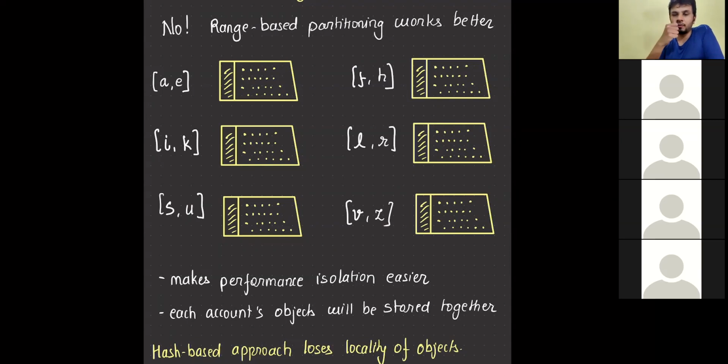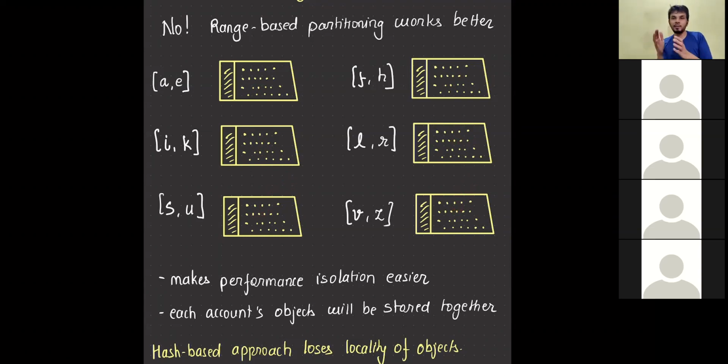So a good solution for a problem like this would be range-based partitioning. Let's say hypothetically we have a range from A to Z. These are all the folders or buckets that start with a string from A to Z. So now I create partitions: A to E goes to the first partition, F to H goes to the second, I to K goes to the third, L to R goes to the fourth, S to U goes to the fifth, V to Z goes to the sixth.